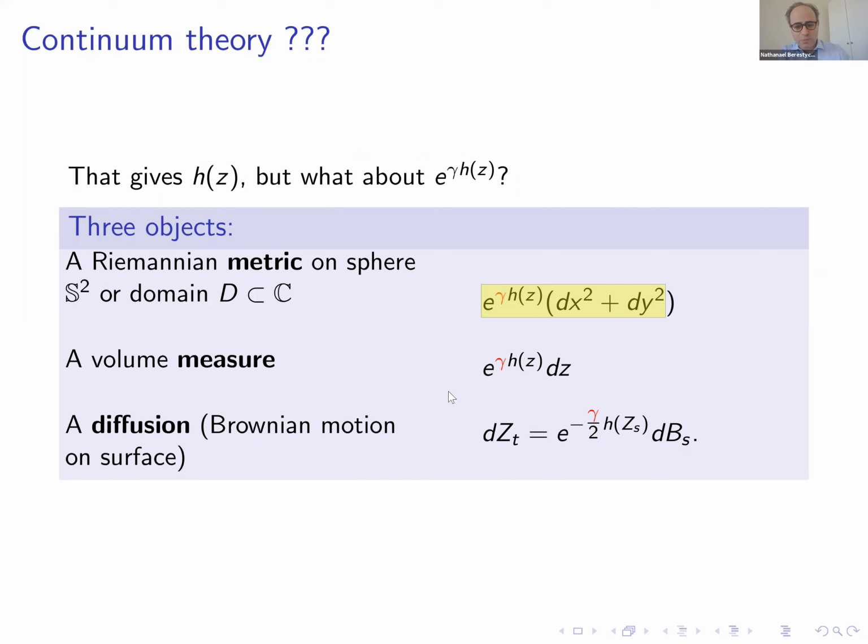There is a volume measure where you assign an area which is random to any given set, and the area is informally obtained by integrating exponential of the Gaussian free field in that domain. And the third object, which will play a role in my talk, is the notion of diffusion, the natural notion of diffusion, which informally speaking is given by this SDE here.